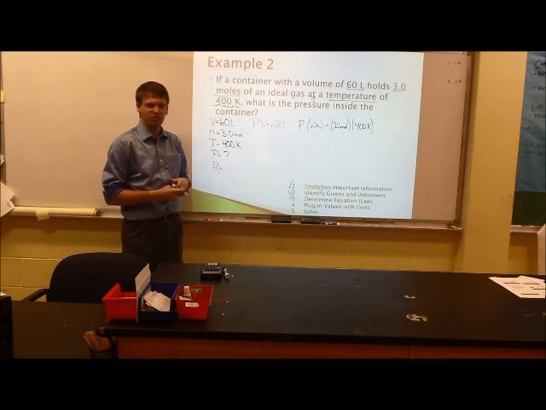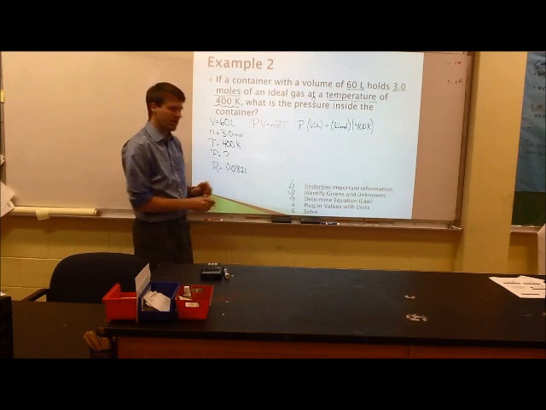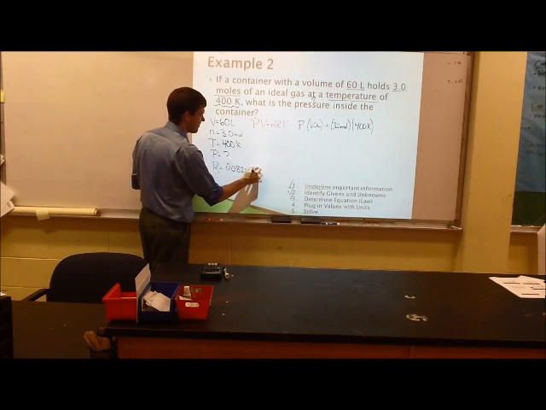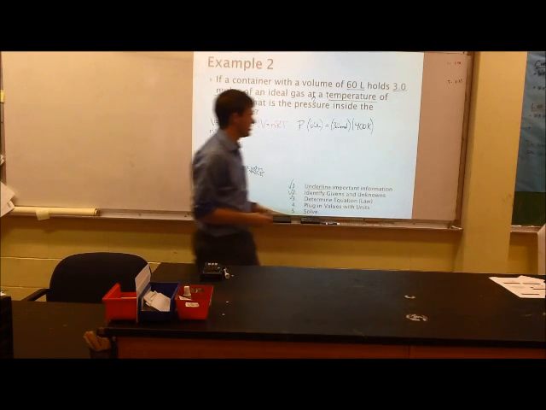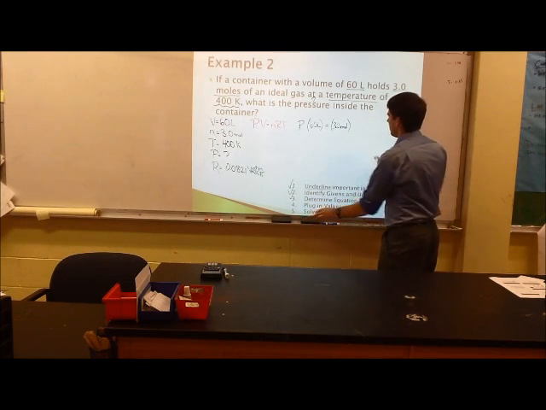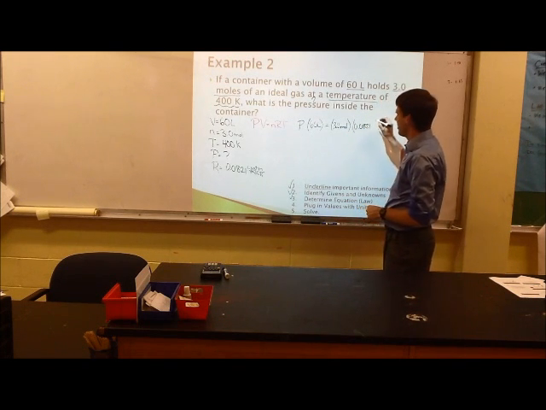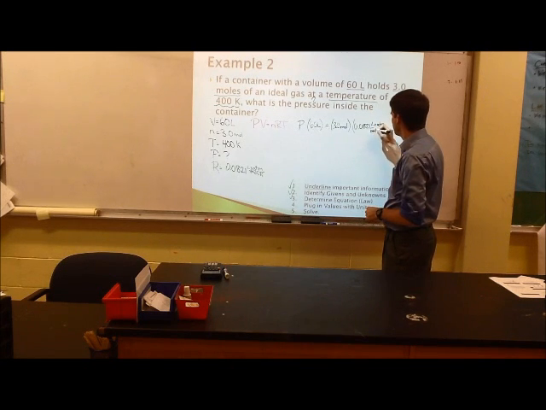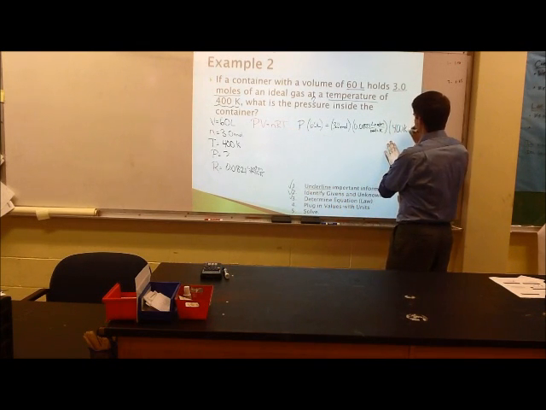The one we were told to use most often is 0.0821 liters times ATM over moles times Kelvin. So, in order to put it in the right spot, we're going to include 0.0821 liters times ATM over moles times Kelvin. Then we're going to multiply by our temperature T, which is 400 Kelvin.